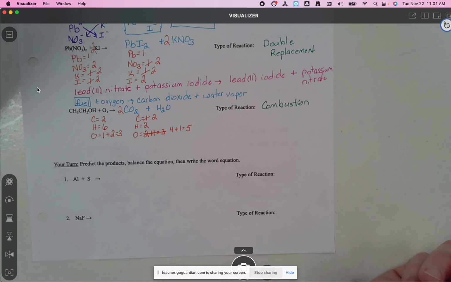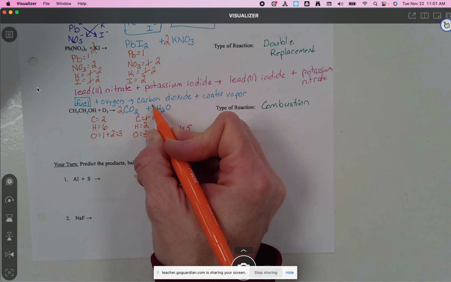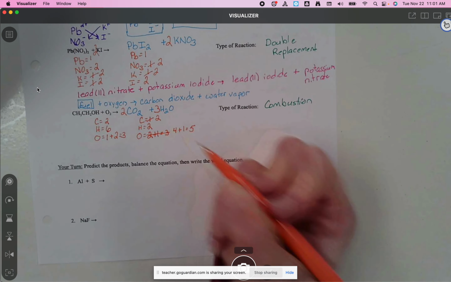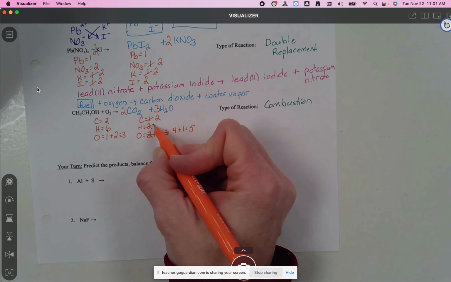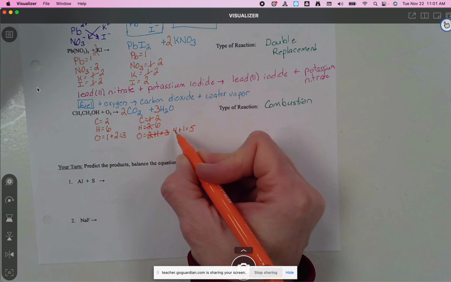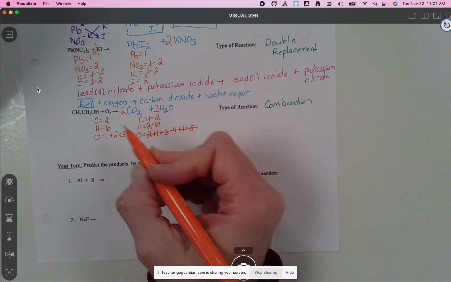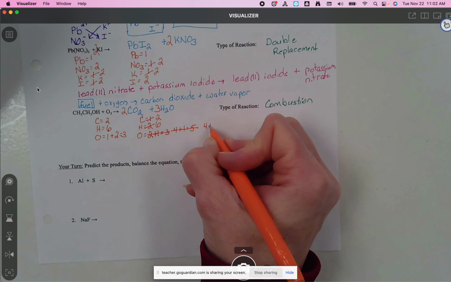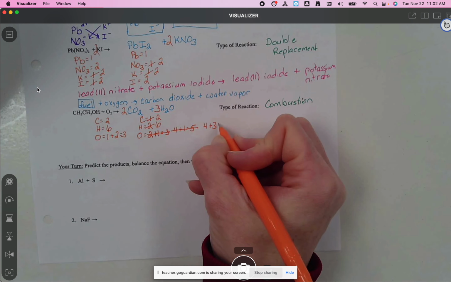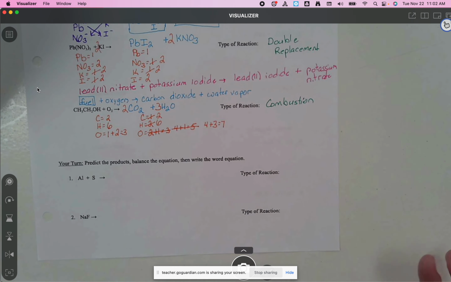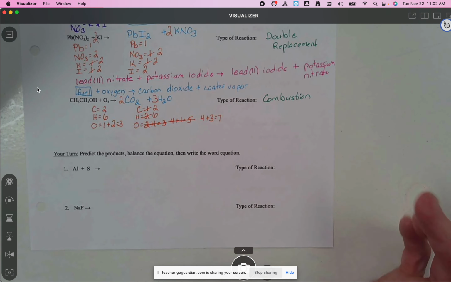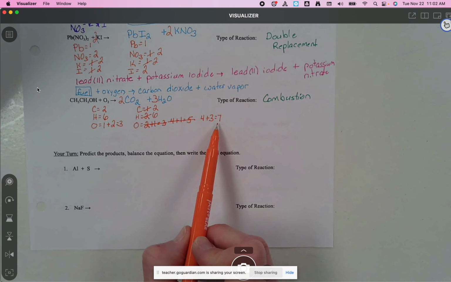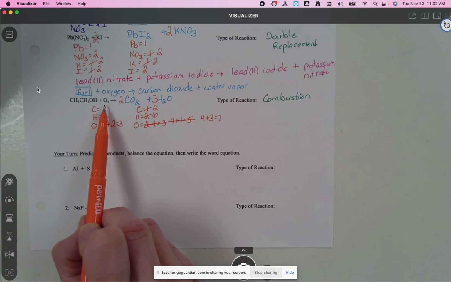Now we balance the hydrogens. Need to get to 6, so I'm going to stick a 3 right there. That gets me to 6 hydrogens. Oxygens is 2 times 2 for 4 from the CO2, and another 3 from the water for a grand total of 7. Initially looking kind of bad because I need 7 and they're coming in pairs.